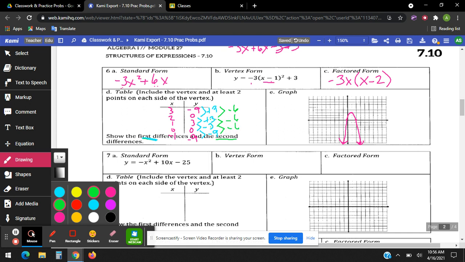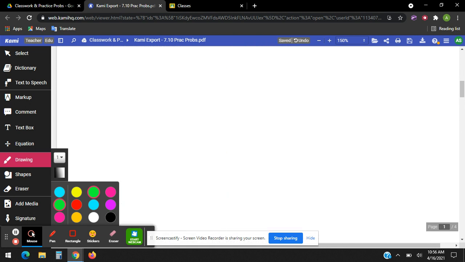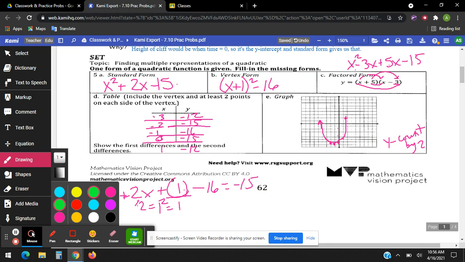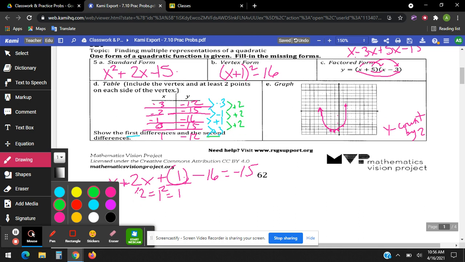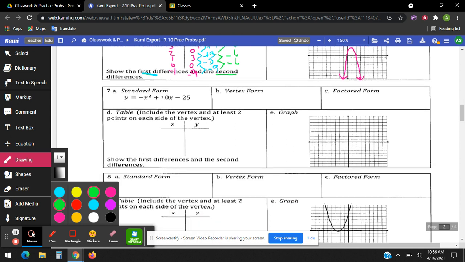Here we go. There's my first and second differences. I'm going to go back and do it on this one. So first difference: here we have a minus 3, minus 1, plus 1, plus 3. So then my second difference is a plus 2, plus 2, plus 2. So we can kind of see how our first and second differences work on there.